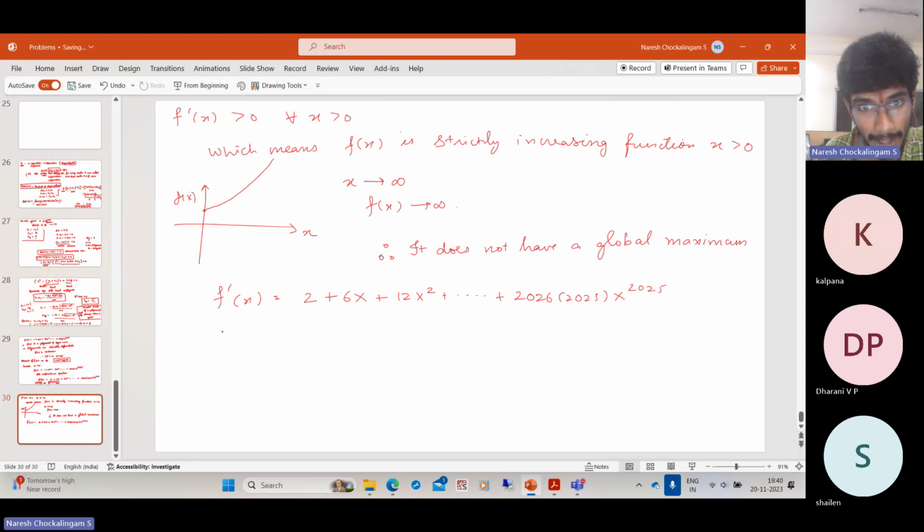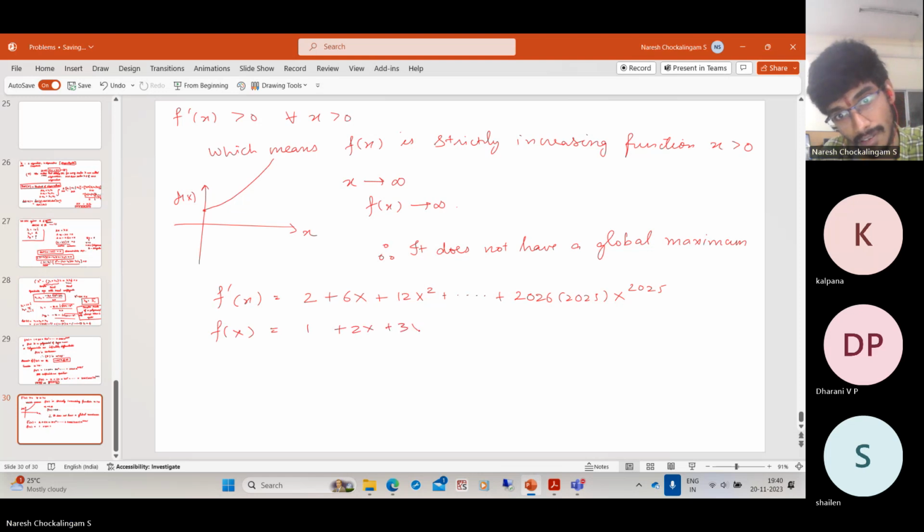And f of x is 1 plus 2x. Now again, f of 0 is equal to 1.